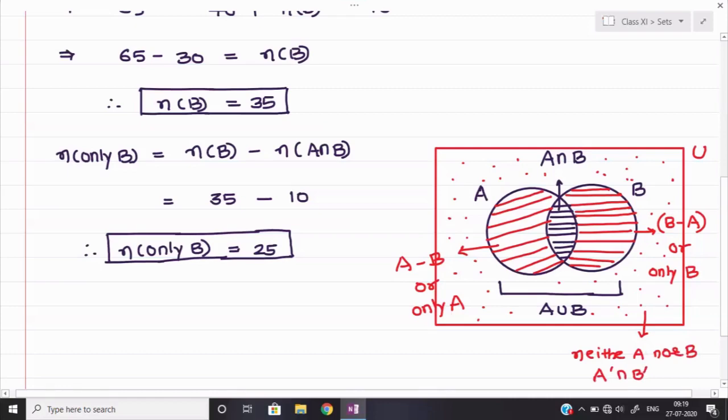That you remember. I hope with the help of this Venn diagram you now understand how the situation looks, so it will be easier for us to solve some complicated problems.